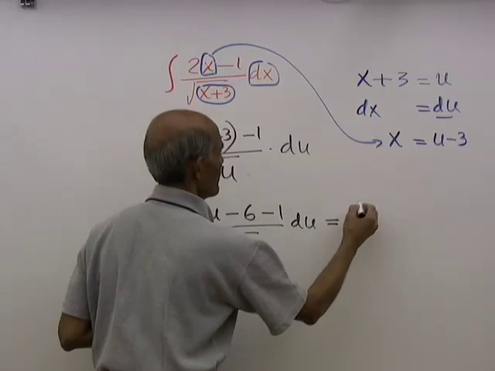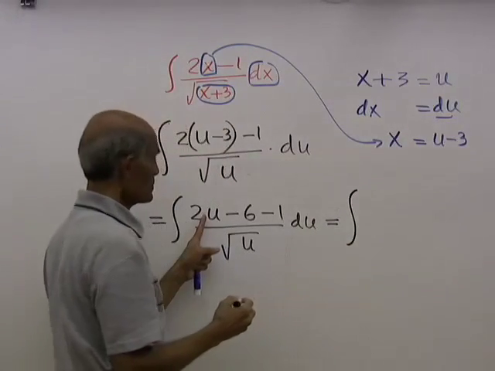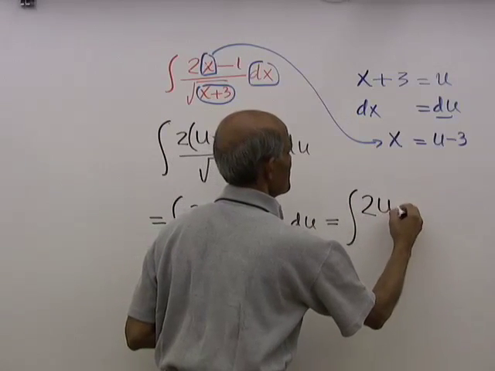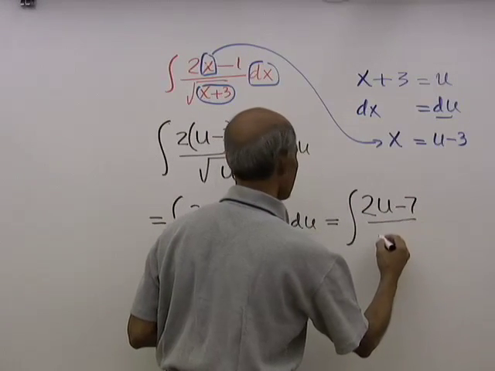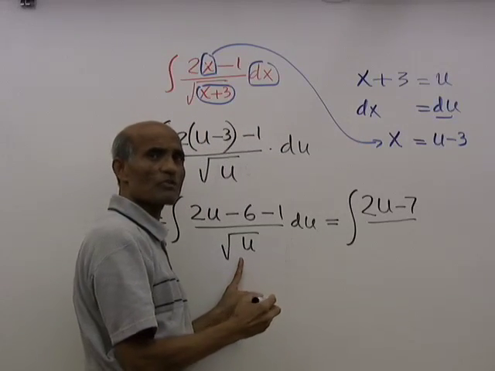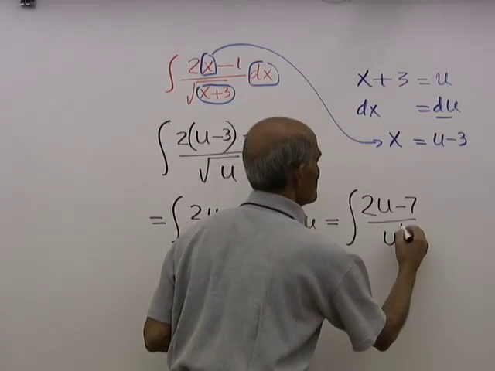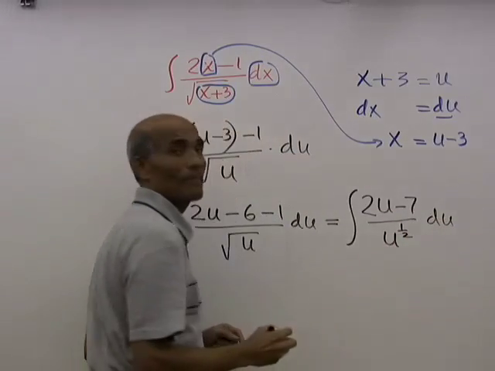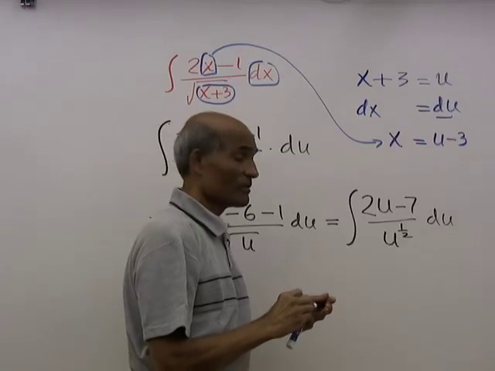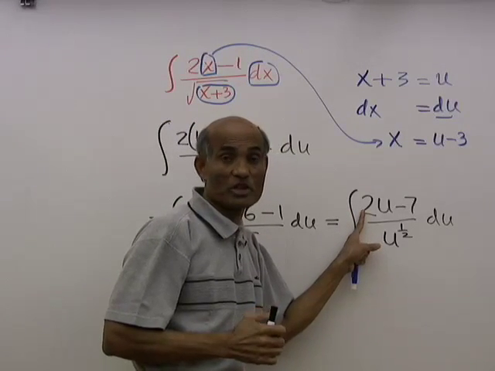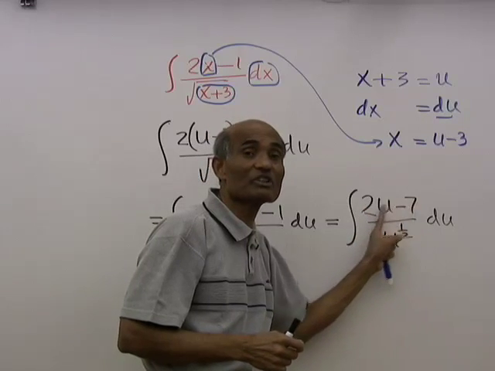That will be the integral of 2u minus 7 over square root u. I'm going to write square root u as u to the power of 1/2, du. Now, once we have reached here, you should be able to do this. How are we going to integrate this now?